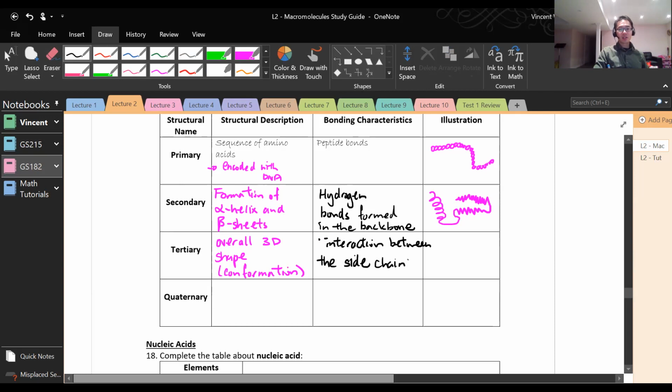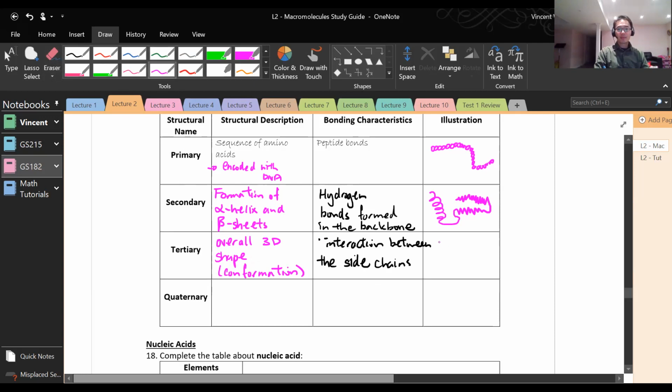Interaction between the side chains. So the R groups, right? Remember, I said some are acidic, some are basic, and they could interact with each other and reinforce the overall 3D shape.